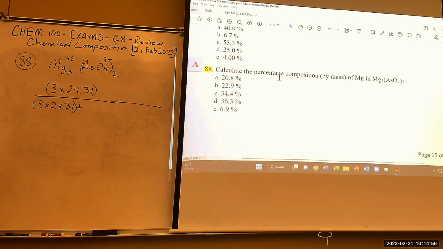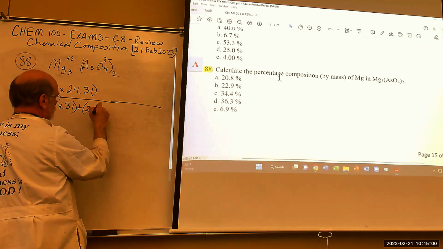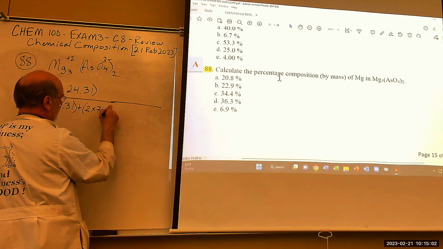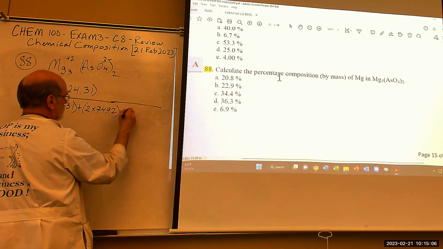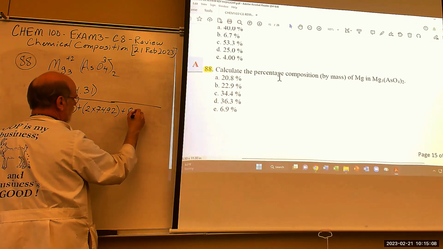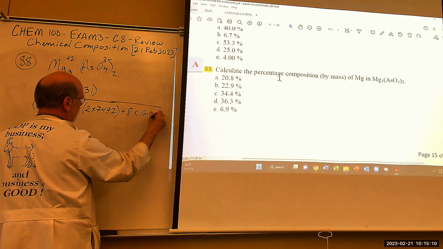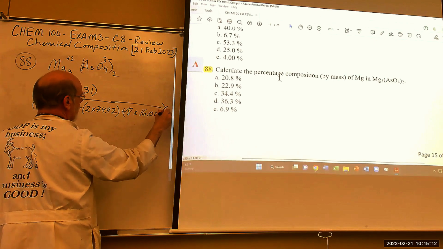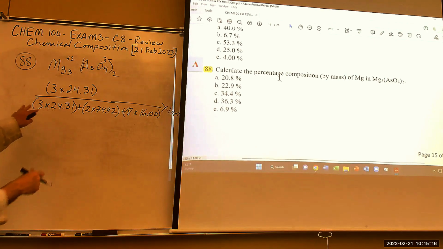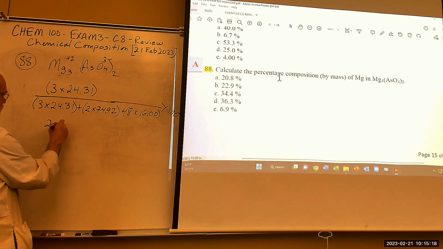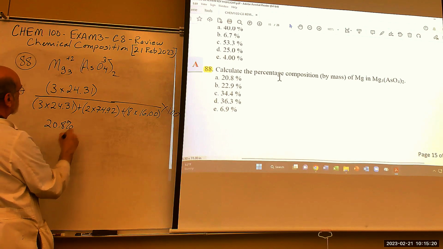So we go find arsenic, 74.92. 2 times 74.92 for the arsenic, and then 8 oxygens. That's 8 times 16. There we go. And all that's times 100. All right, if we do our math correctly, we should end up with 20.8% magnesium.